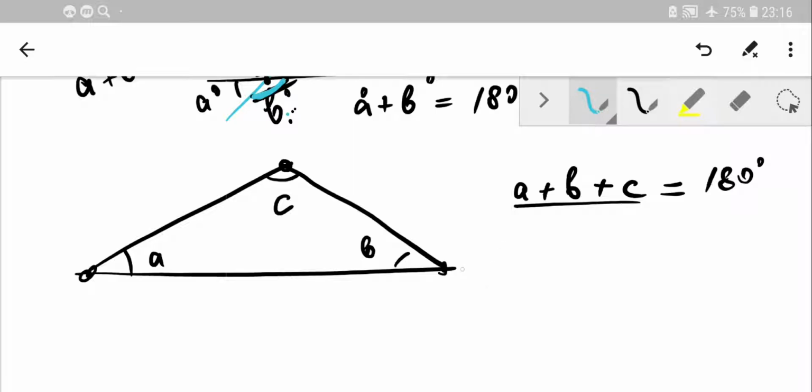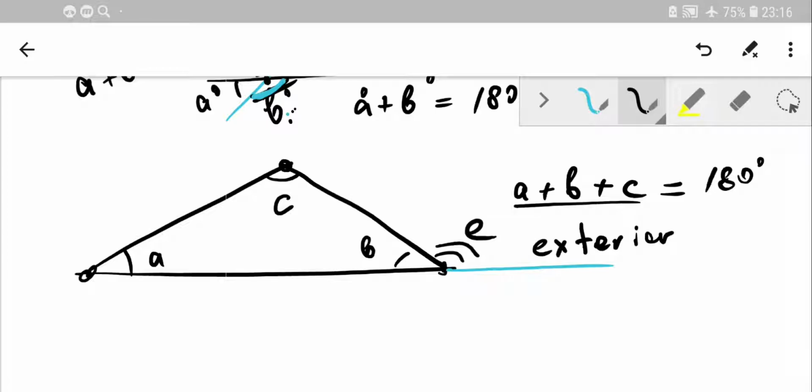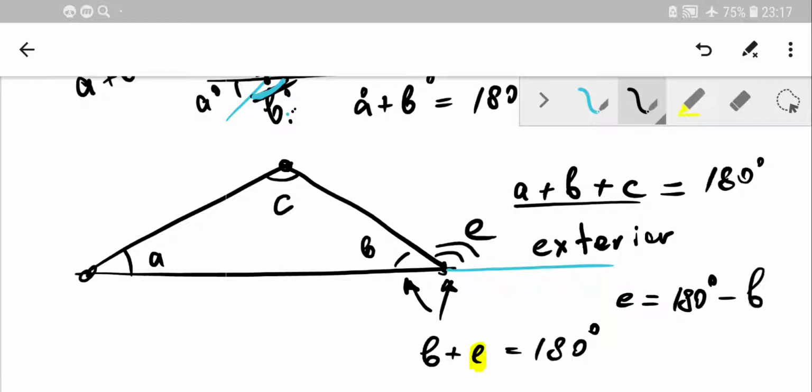If you prolong, for example, this side, you'll have an exterior angle. I mark it as E, so that stands for exterior. And for example, how to find it? Okay, so use them as supplementary, and you know that B and E should give you 180. So in order to find the exterior angle, you just simply express E or make it the subject, okay? So in order to find E, you just simply need to express it as 180 minus B, all right?